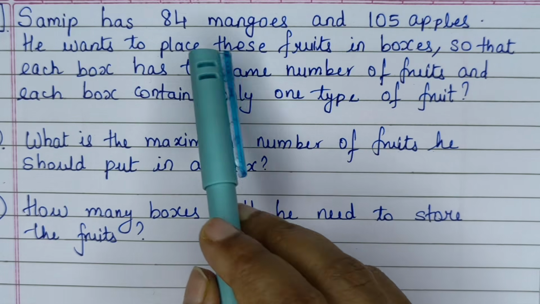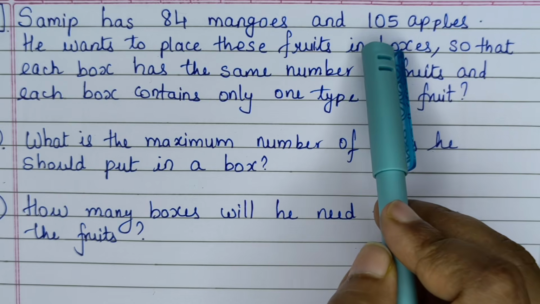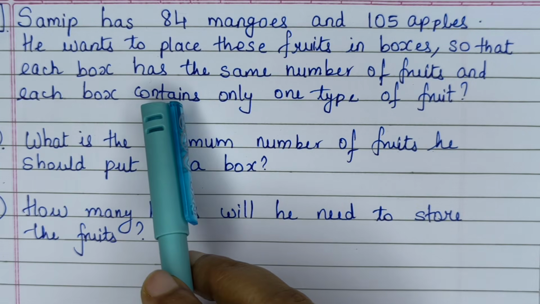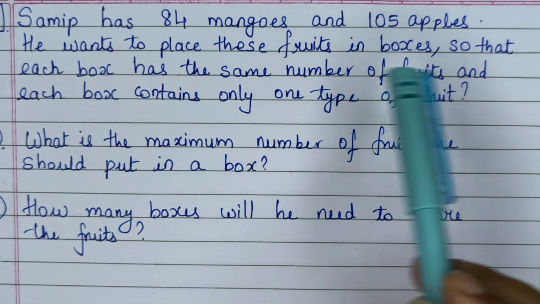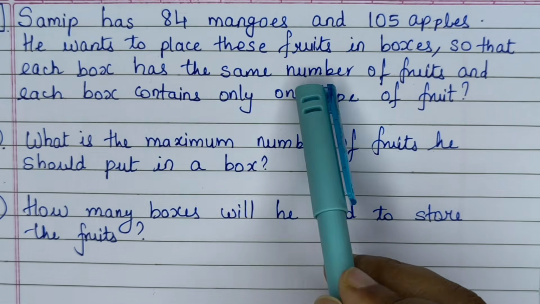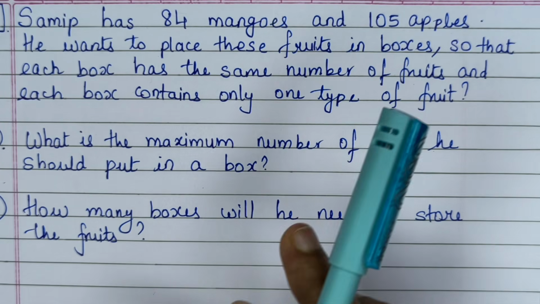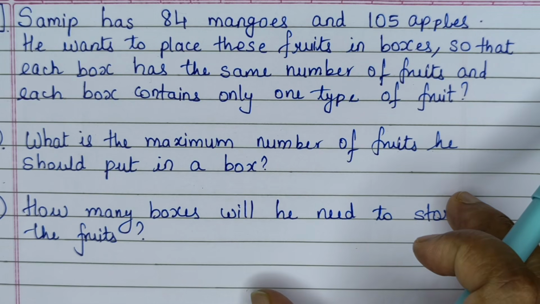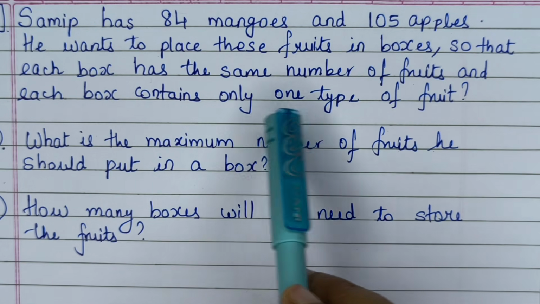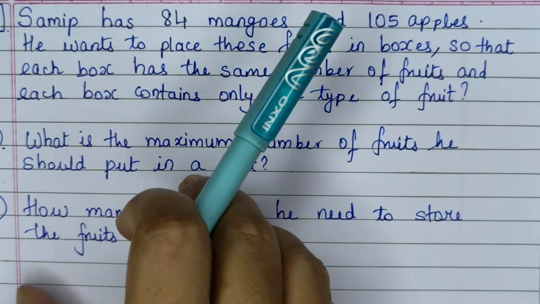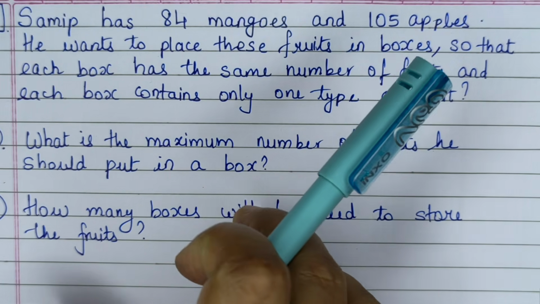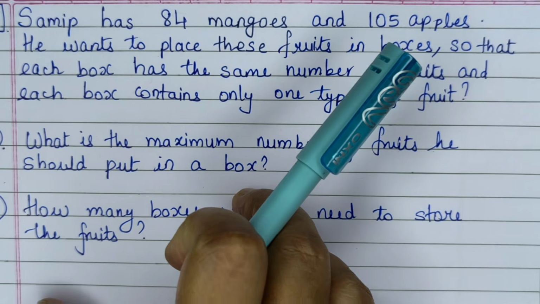Each box should have an equal number of fruits, and only one type of fruit, not mixed apples and mangoes.